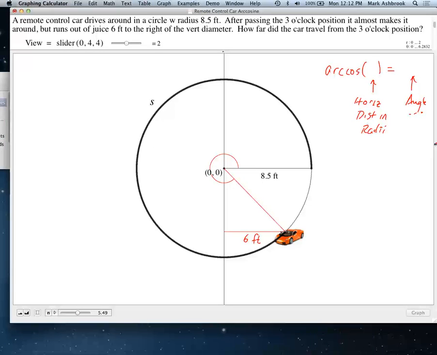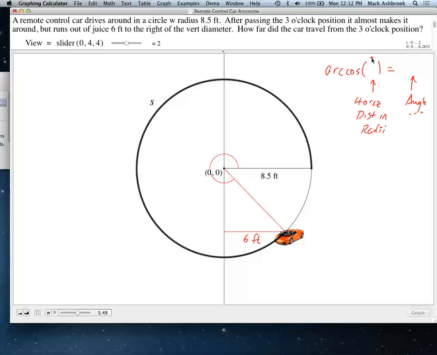So, we're going to put 6 into arc cosine. Is that right? No, what arc cosine takes is radius lengths. So how many radius lengths to the right are we? You should all know how to get radius lengths out of 6 feet.